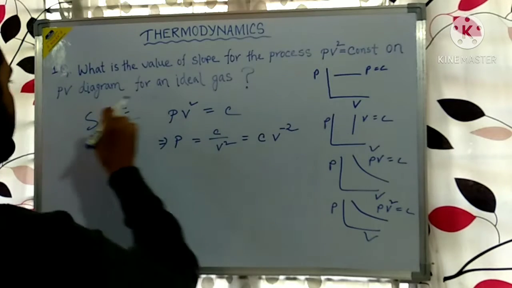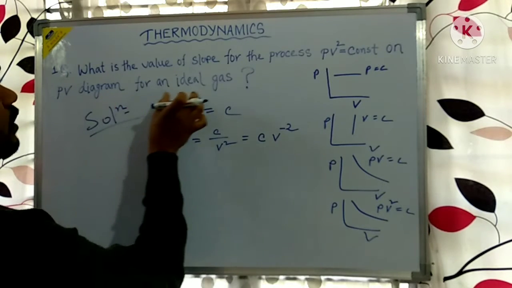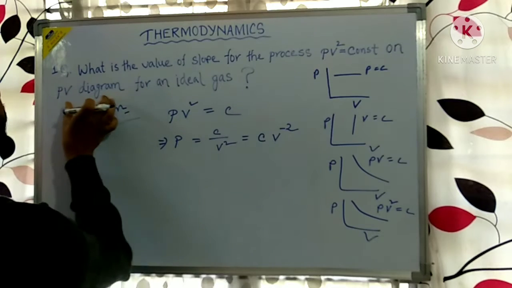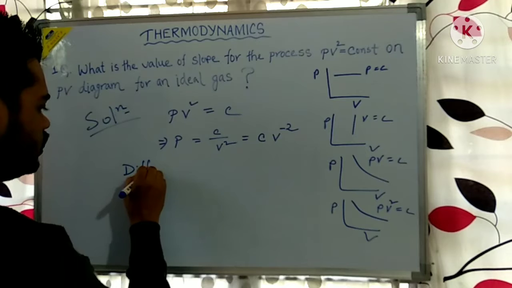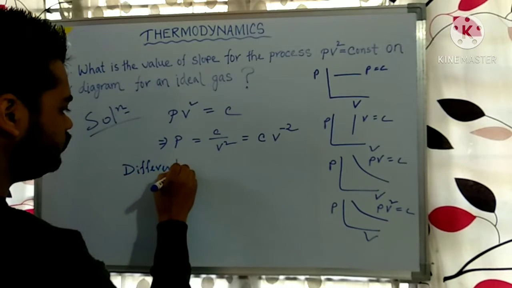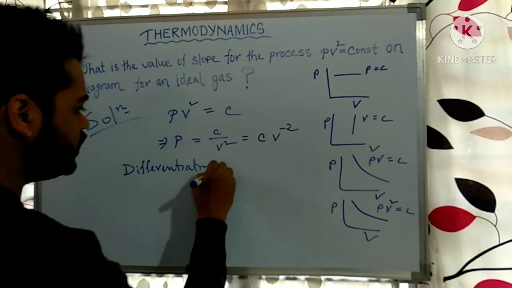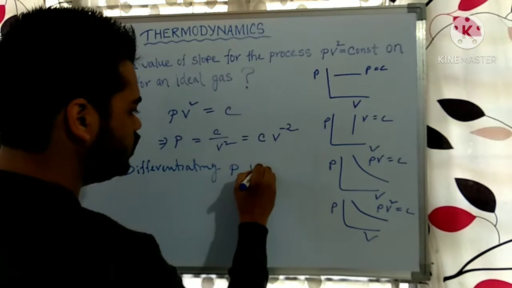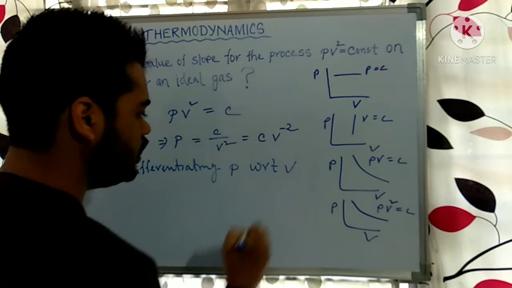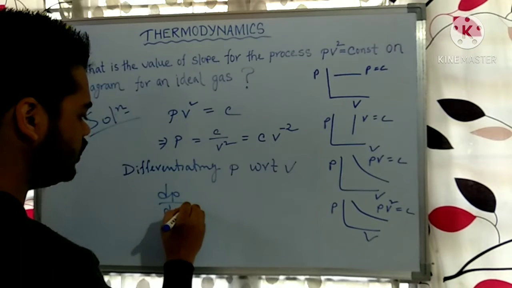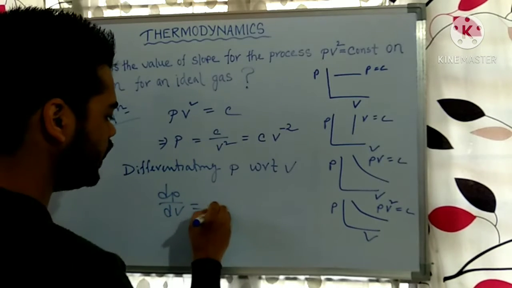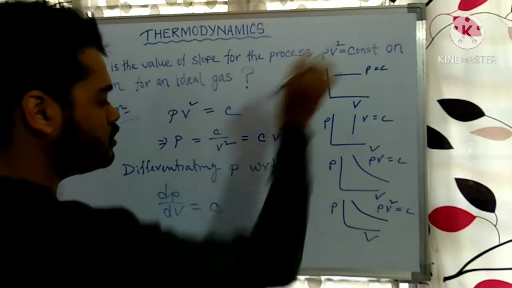So in the question, as we are asked to find the slope in the PV diagram, so differentiating P with respect to V. Okay, so dP by dV is equal to, as C is constant, it is constant.